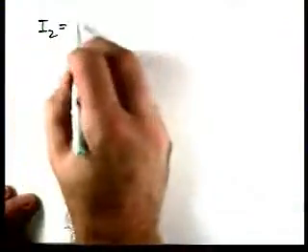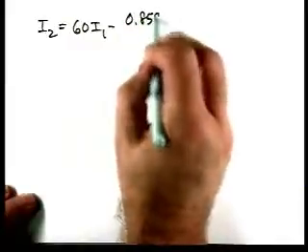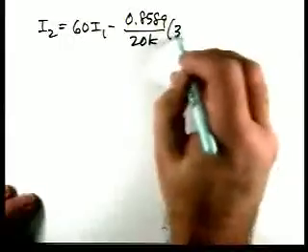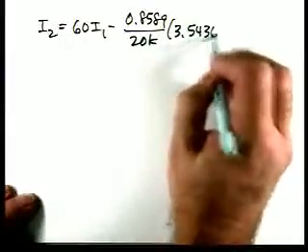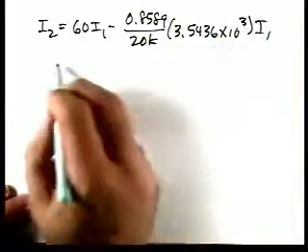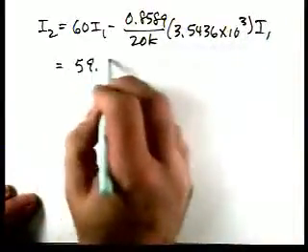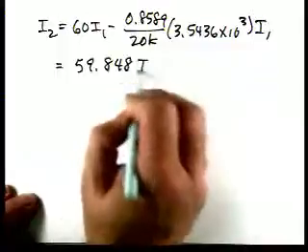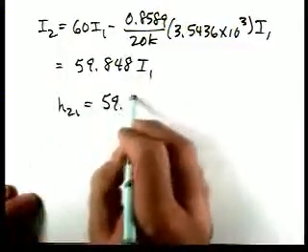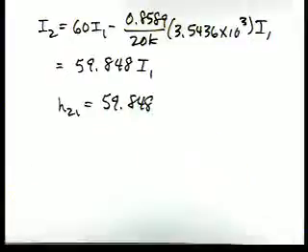And then I2 is 60 I1 minus 0.8589 over 20K times 3.5436 times 10 to the third I1, and this becomes 59.848 I1. So H21 is 59.848. So that gets us those two parameters.